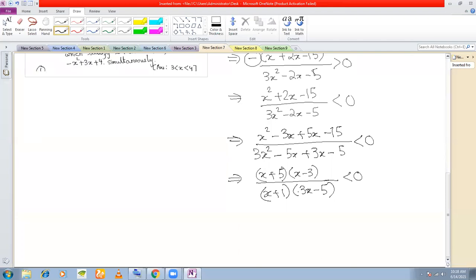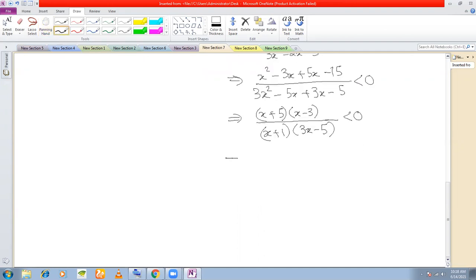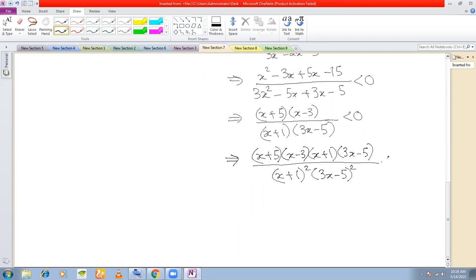Now what we'll try to do here is make the denominator positive. How do we make the denominator positive? By making it a square. So I'll multiply the numerator and denominator by x plus 1 into 3x minus 5. So I get x plus 1 whole square into 3x minus 5 whole square in the denominator, less than 0.